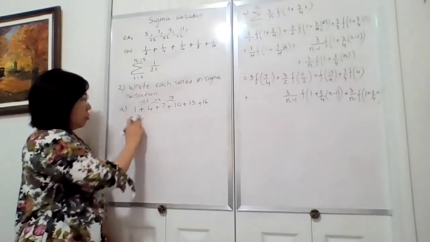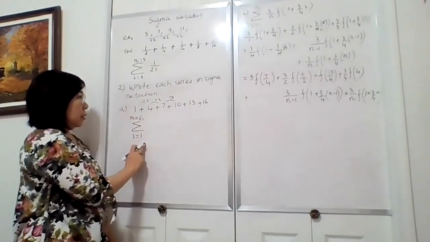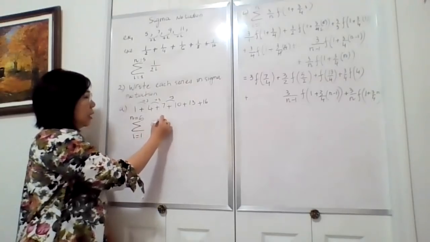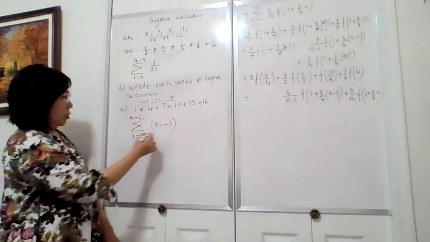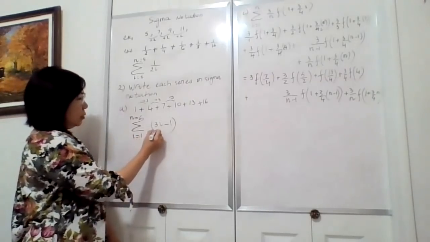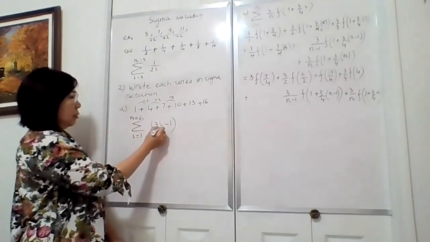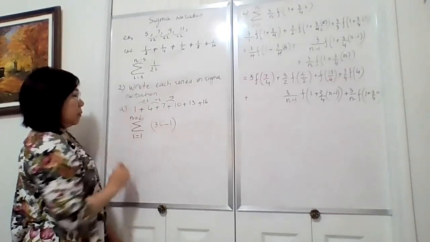Let's say, how do you get back to 1? Let's say 3i minus 1 and see what happens. If i is 1, 3 times 1 is 3, and 3 times 1 is not going to be 1.